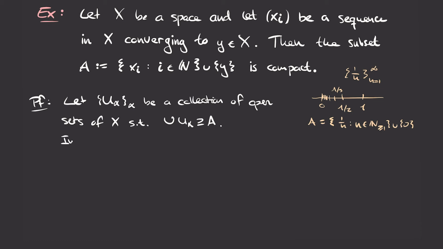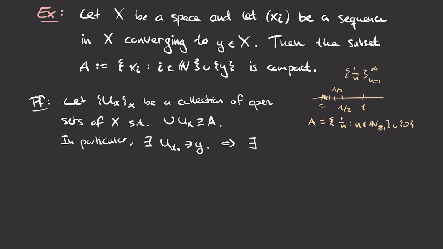So in particular, there must exist some U alpha 0 that contains the limit y, because y is an element of A, and we've assumed that A is contained in the union of the U alphas, so this means there has to be some U alpha 0 that contains y. Okay, but now we've found an open subset of our space X which contains the limit, so this implies that all but finitely many of the points in our sequence x_i are actually contained in U alpha 0.